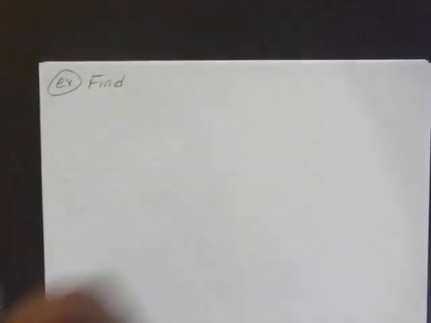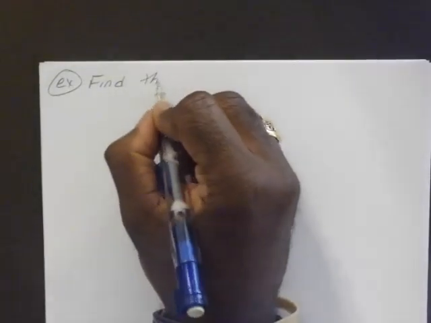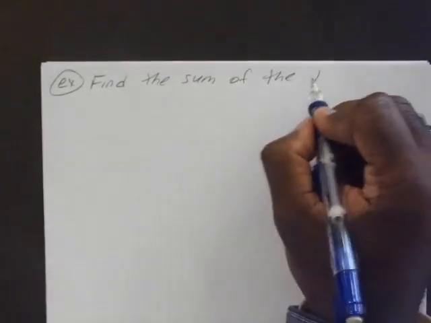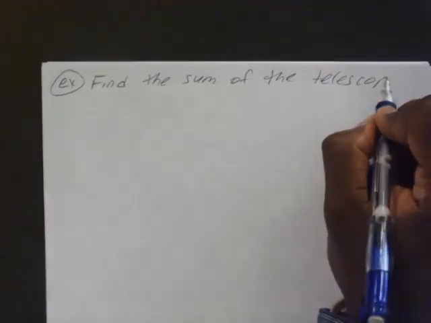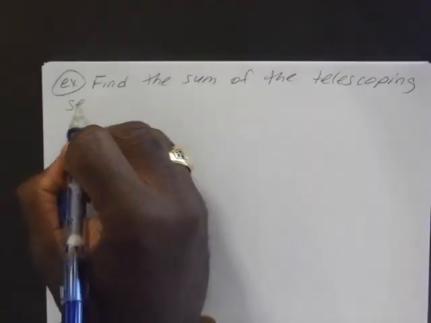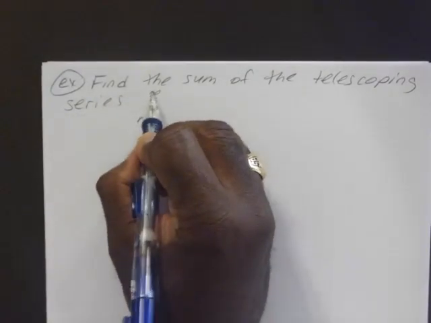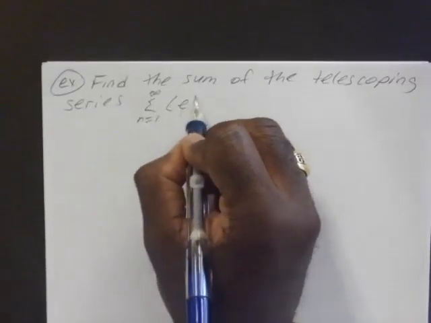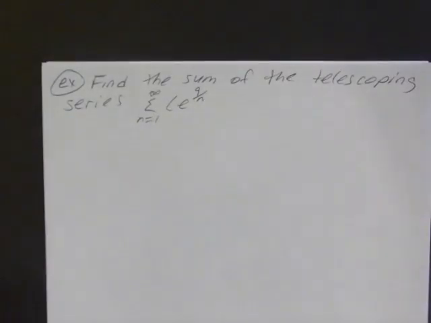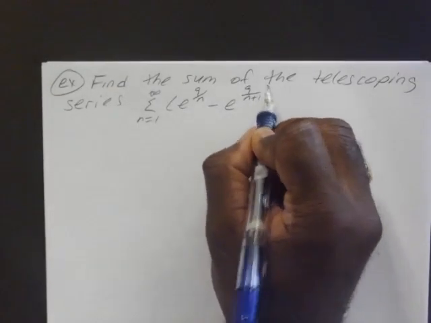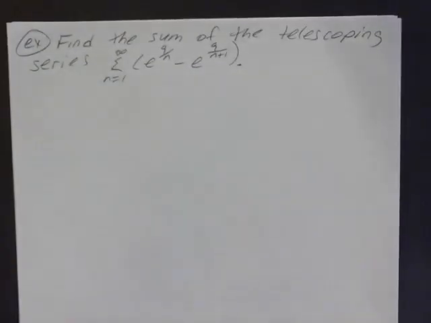So if we want to find the sum of the telescoping series, so the sum from n equals 1 to infinity of e to the power of 9 divided by n minus e to the power of 9 divided by n plus 1. So sometimes they'll tell you it's a telescoping series, so you don't have to figure it out.